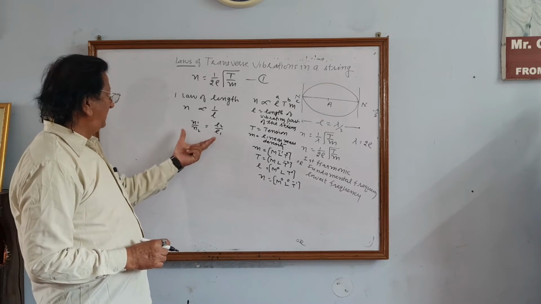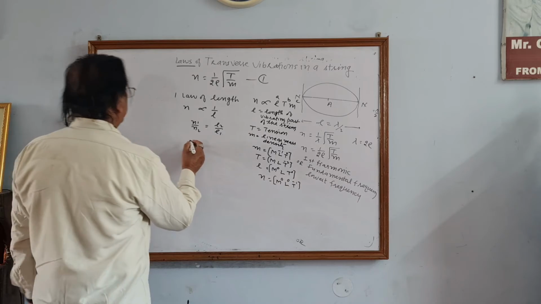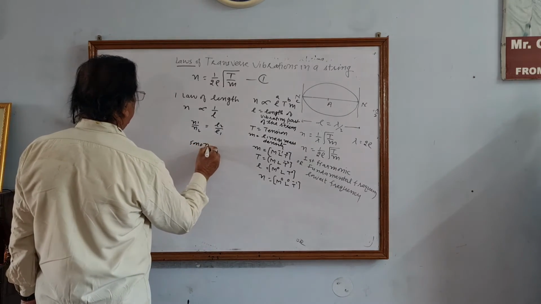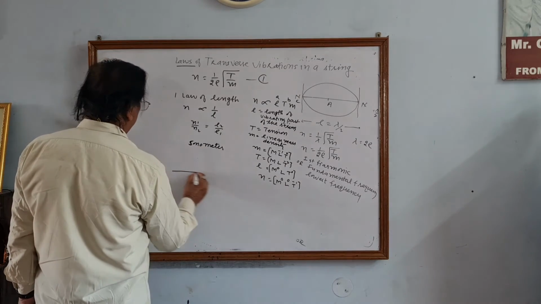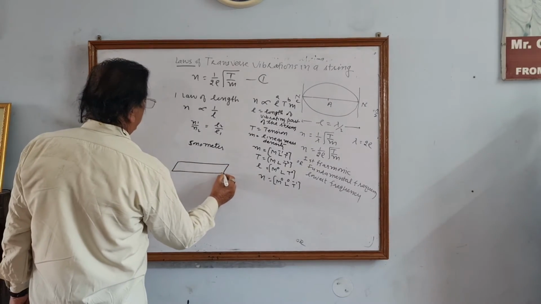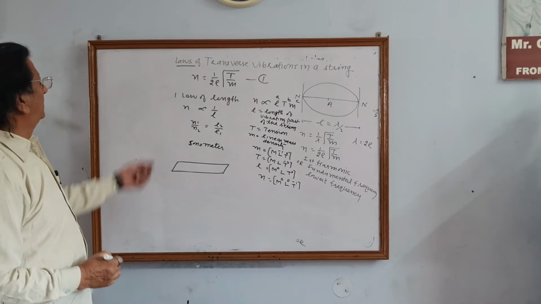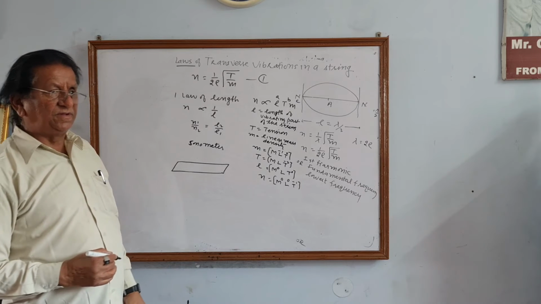So you can verify this law by an apparatus which is called a sonometer. A sonometer is a device which will help you in verifying the various laws of transverse vibration in a string.